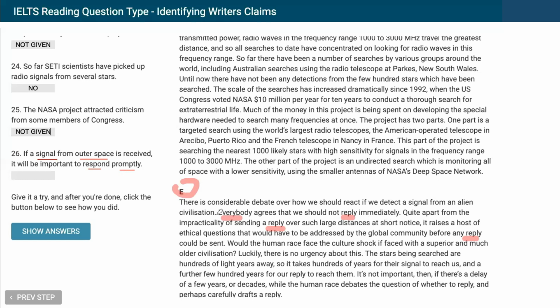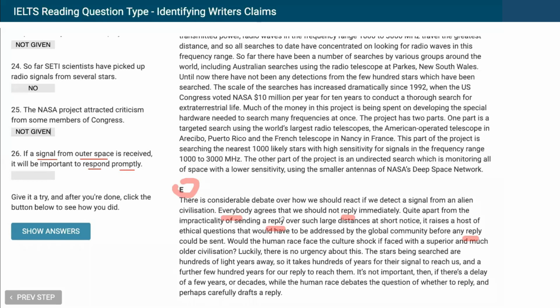The writer is claiming that everybody agrees, but I still want to know about the writer's claim. So I'm going to keep reading and skimming here. Okay, and so there's a question, will the human race face culture shock? Luckily, there is no urgency. So the writer says, luckily, there is no urgency. This gives you an idea of the view. The stars being searched are light years away.